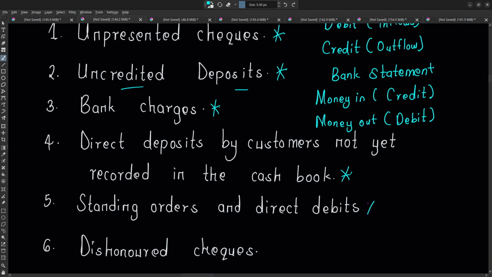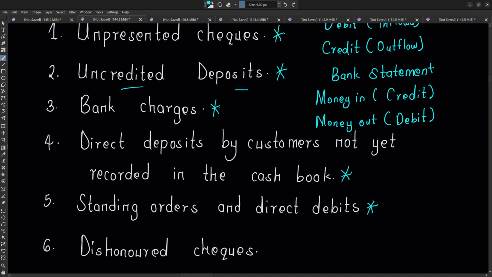Another thing is standing orders and direct debits. Standing orders is basically where you tell a bank, please be deducting this amount of money monthly because you've taken this subscription, whether it is for internet or insurance, okay? Those things that you don't need to be doing every now and then, you just put a standing order on that bank.